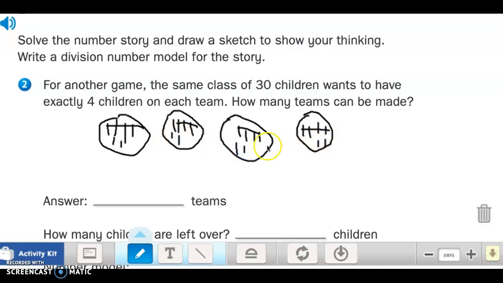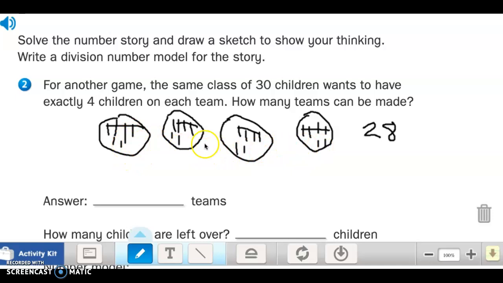Oh, we are at 28. If I give everybody one more, that would be 29, 30, 31, 32. That would be past 30. So we've got 28. I can't get everybody equally the same amount anymore. I have 28 in there, and two more would be 30, and I can't give everybody the same amount.